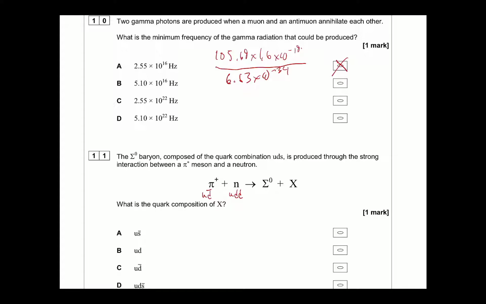This here is up, down, strange. So strangeness must be conserved. Charge must be conserved.